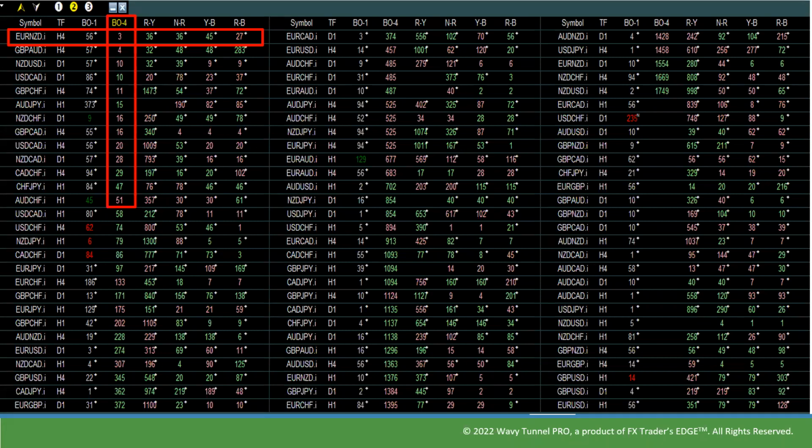So the trade that I showed you on the stocks was the breakout 4 trade. So the breakout 4 is like the wave 5 trade. So we have the breakout 4 trade on this, and I sorted by breakout 4. And let me just show you what we have here. We have the symbol, we have the time frame, we have breakout 1. This one shows us the end of the trend.